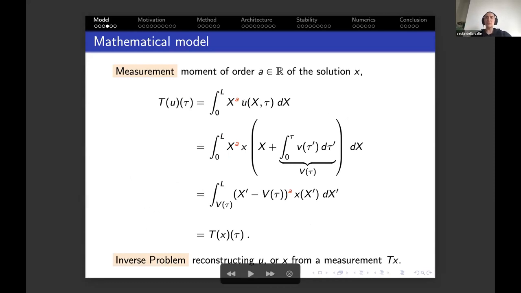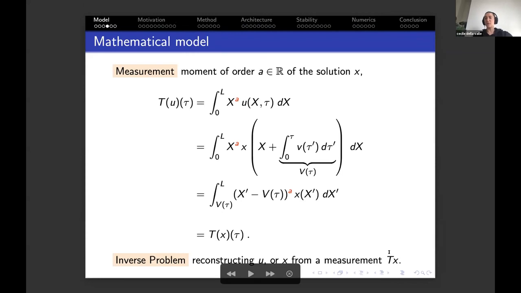And now u is linked to its initial function with the characteristic method, since we have a transport equation. Now, by a change of variable, I can rewrite it as an operator acting on x, the initial signal. So my inverse problem is reconstructing u, or equivalently x, from a measurement Tx.